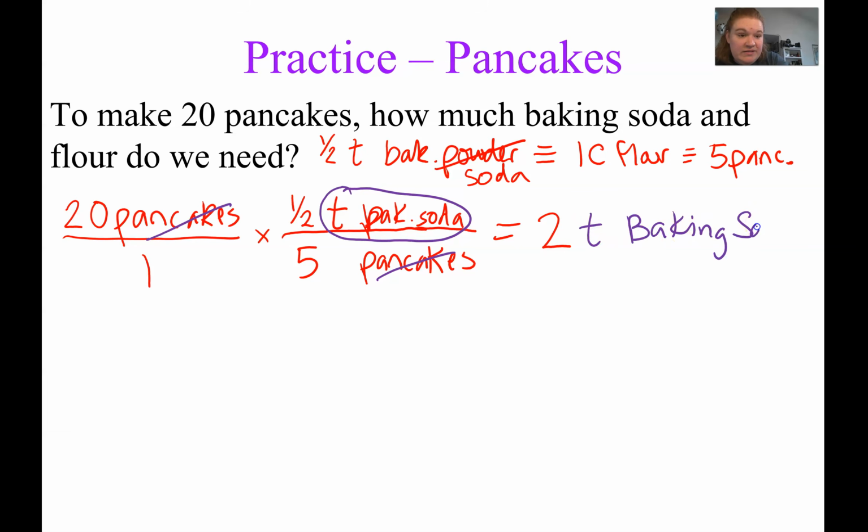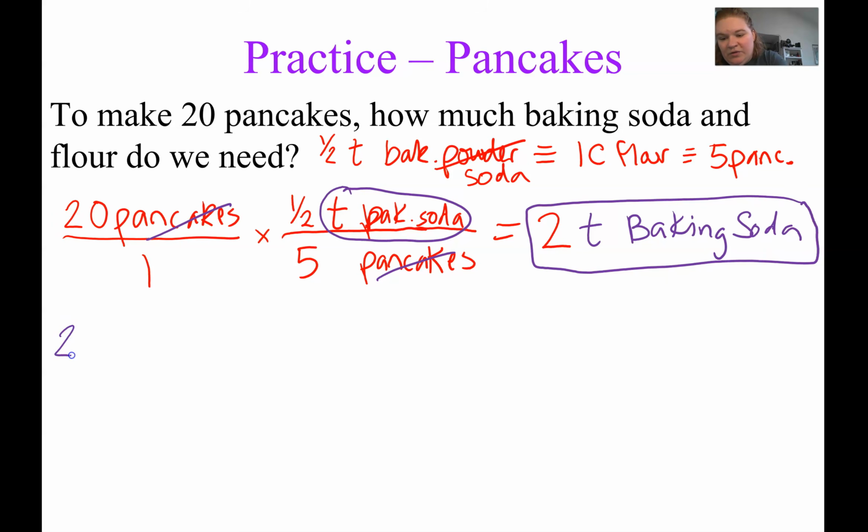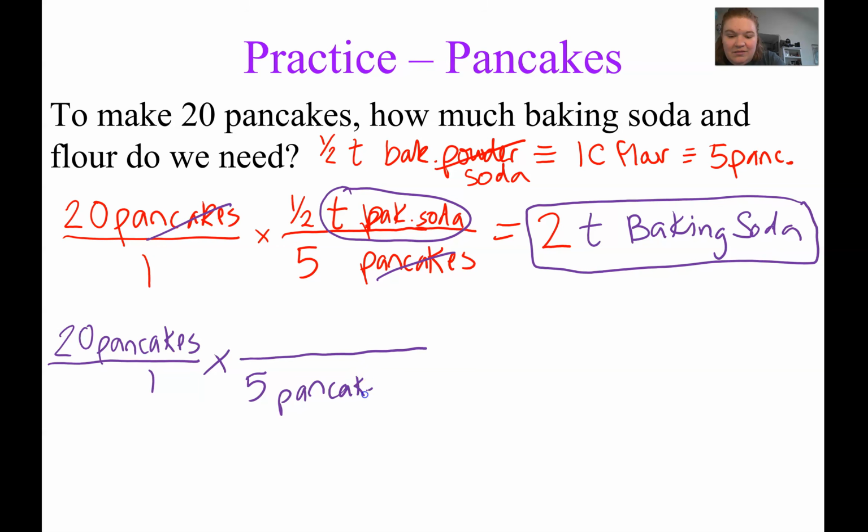But it fits with what we were measuring. All right, let's look at the other one. So again, if we want to make 20 pancakes, I want to know how much flour I need. So in order to make 5 pancakes, I need 1 cup flour.